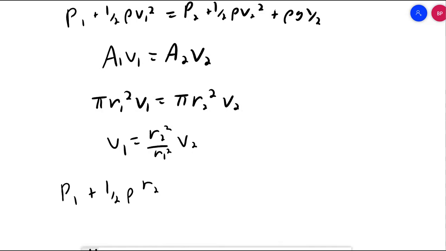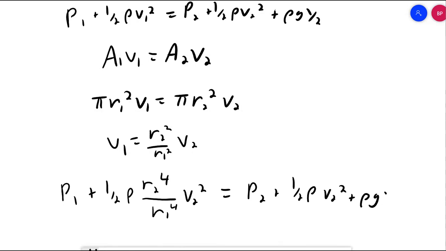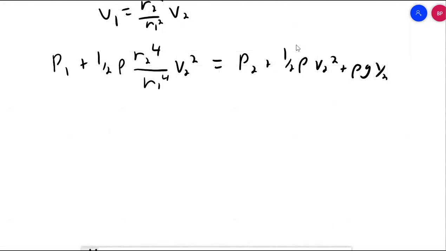So we have R2 to the 4th now, because R2 squared is to the 4th, divided by R1 to the 4th times V2 squared. And that's equal to all the stuff on the other side. Okay, so now we have one equation and one unknown. We know everything here except for V2.